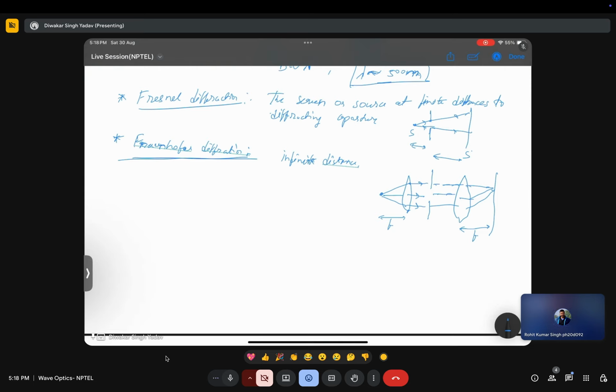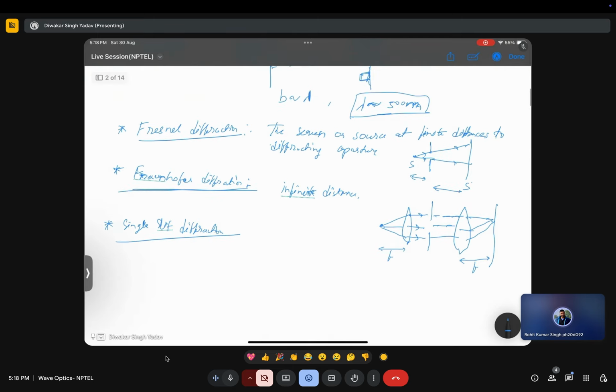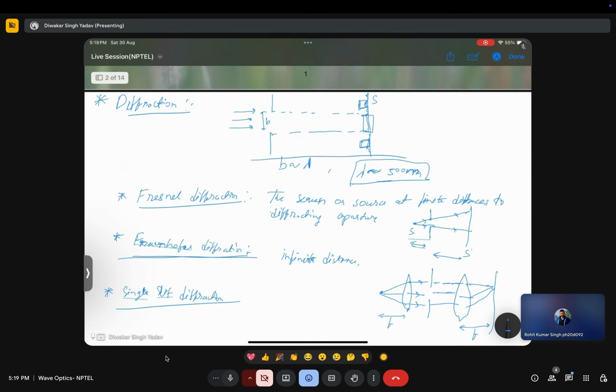So let's do some calculation. Quantitatively we will see how the diffraction happens. Let's first focus on single slit diffraction. Single slit diffraction means there is only one slit like this.